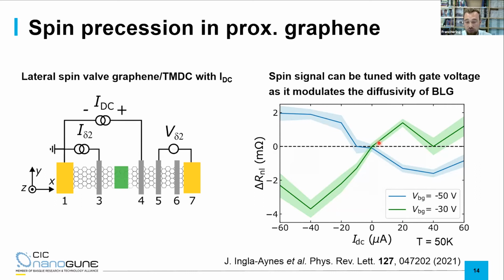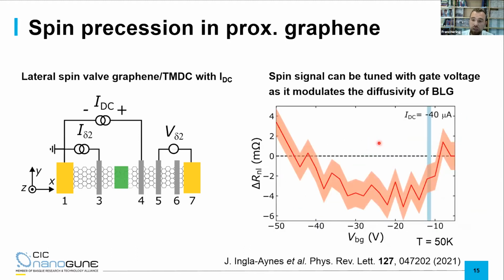So we essentially have another knob that we can play with, controlling the speed with which the electron is diffusing and how much time it has to precess. So if we keep the DC current constant, we can sweep also the backgate voltage, and we can control the sign of the spin signal, going down to negative close to the Dirac point, where the diffusivity is the lowest.